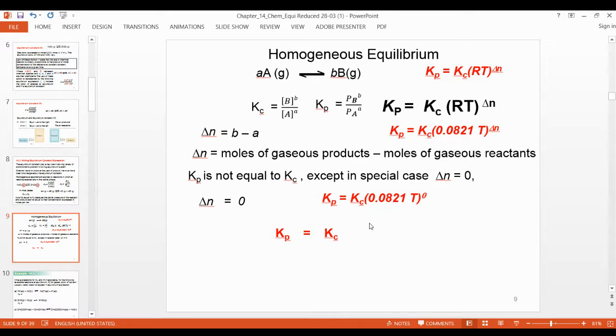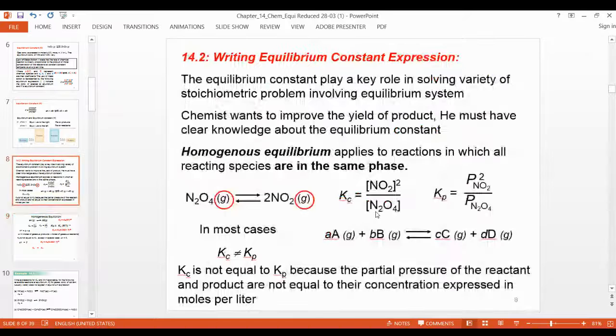It means that if you have a reactant, I'll show you here. Suppose I put 2 here, 2N2O4 and 2NO2, so this is 2 minus 2, that is 0, right? In that condition, you can say that delta n is 0, then Kp is equal to Kc.